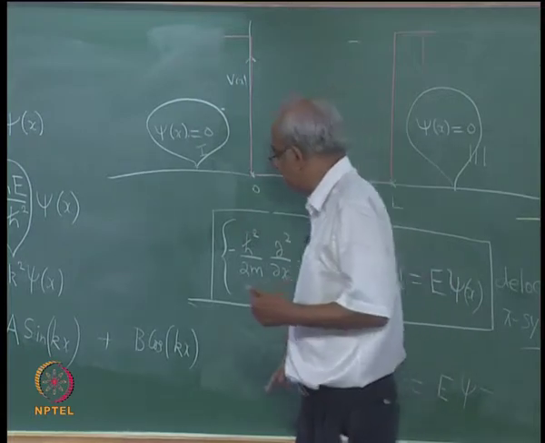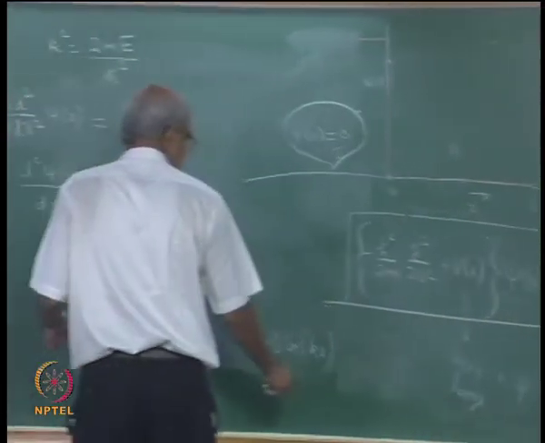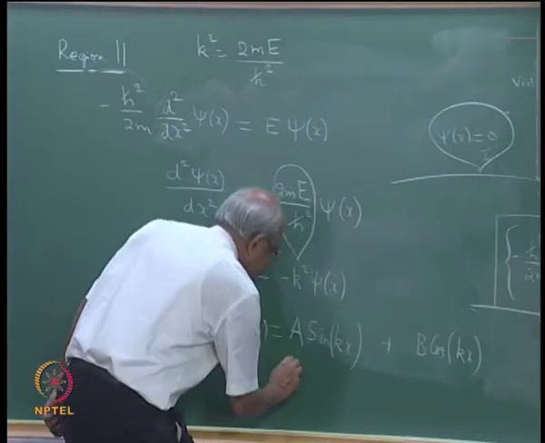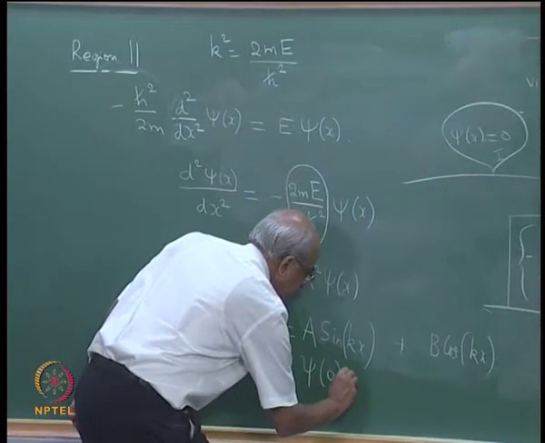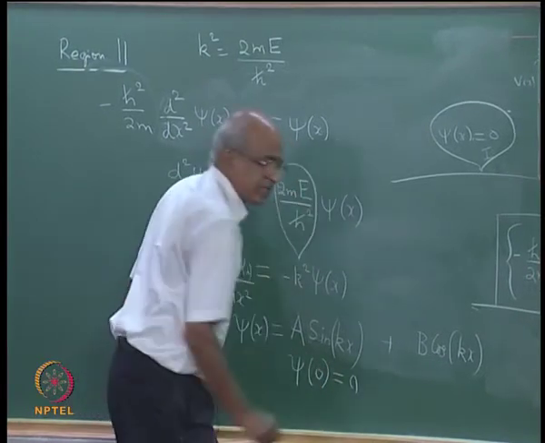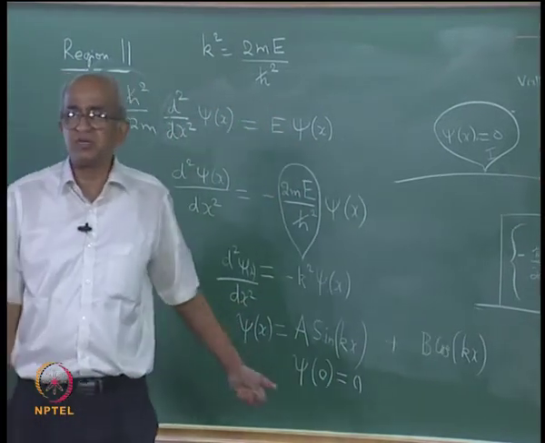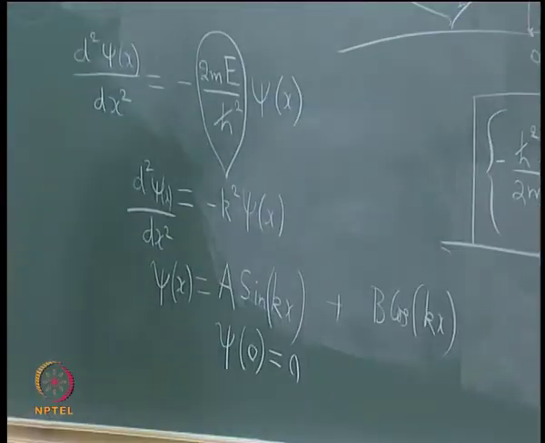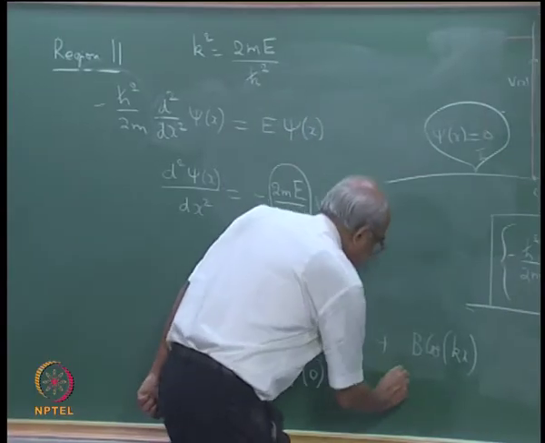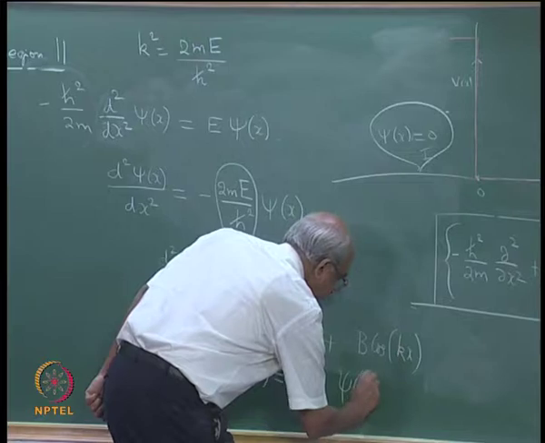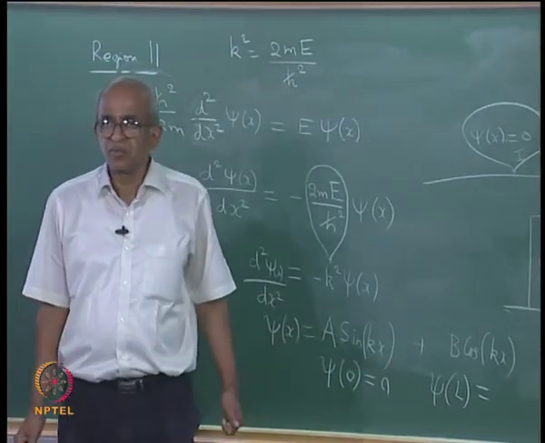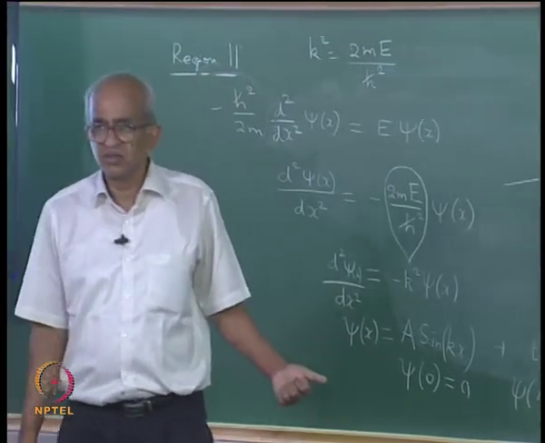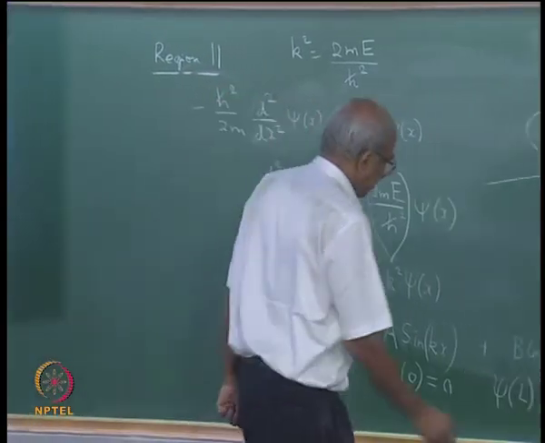So this function that I have found has to satisfy the condition that at x equal to 0 it should be equal to 0. And not only that, when x is equal to L, what should be its value? It again should be 0. So you have two conditions.